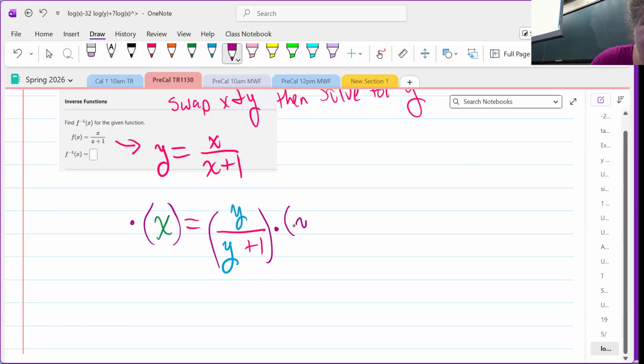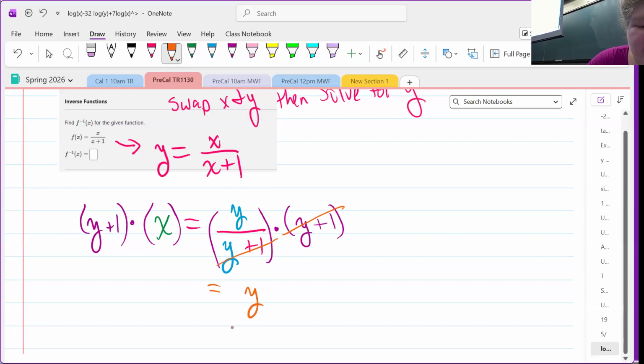So I'm going to multiply by my denominator, y plus 1 on both sides. Now, because I'm doing careful math, I use parentheses everywhere. Very safe. My y plus 1 in the bottom cancels out the y plus 1 I chose to multiply by. So on the right side, I have y by itself.